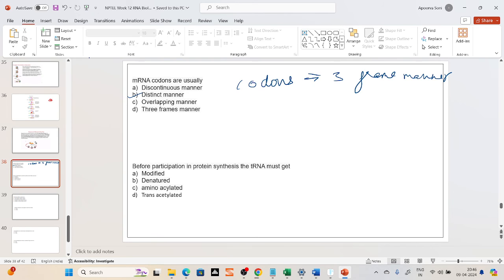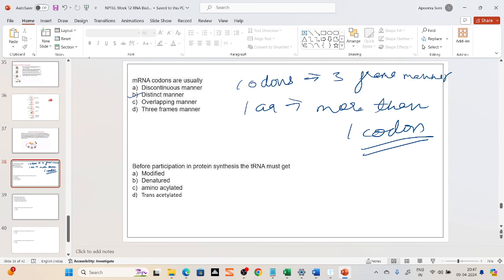Distinct means what? I said that one amino acid can be coded by more than one codon. But can one codon code for more than one amino acid?